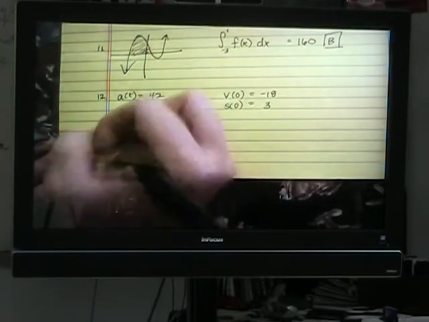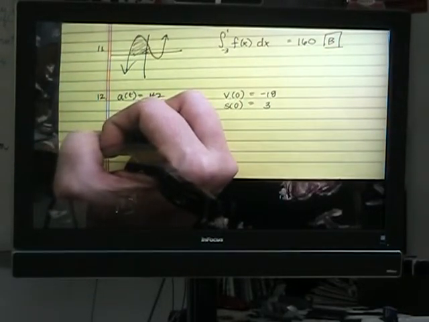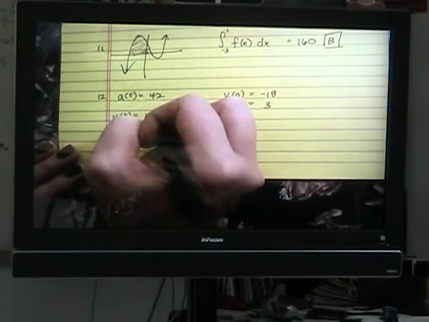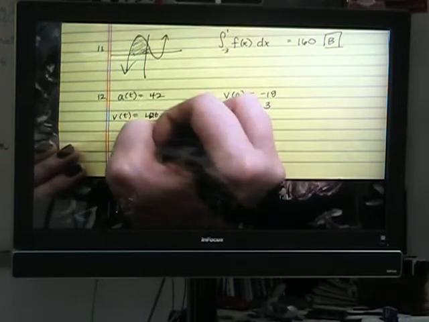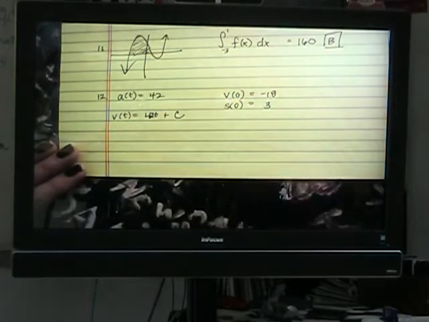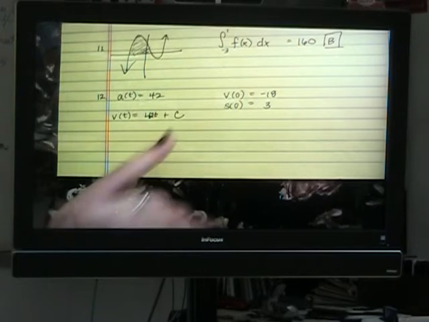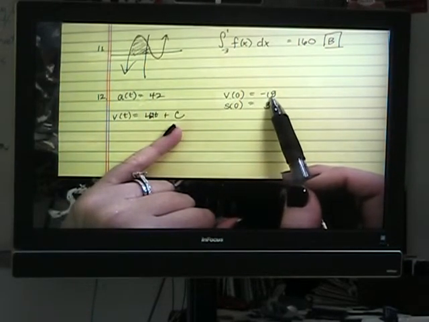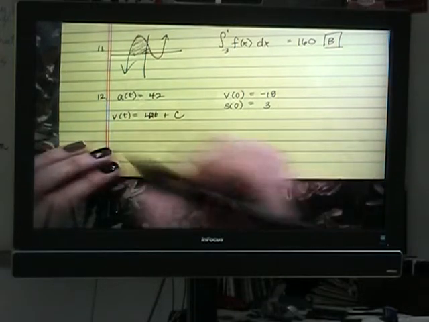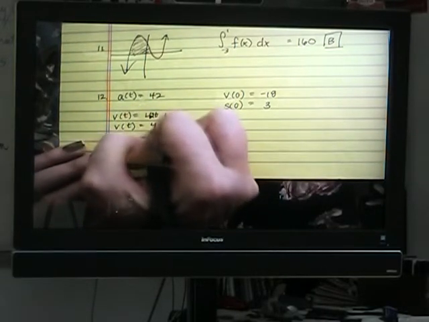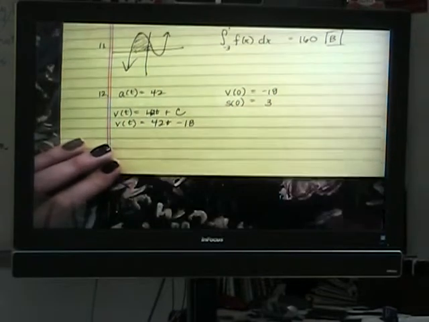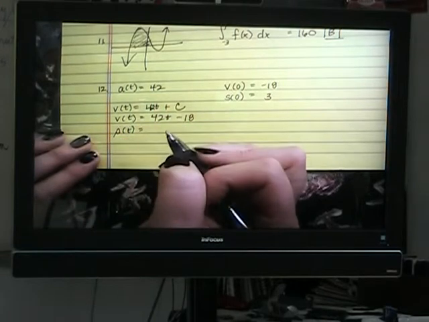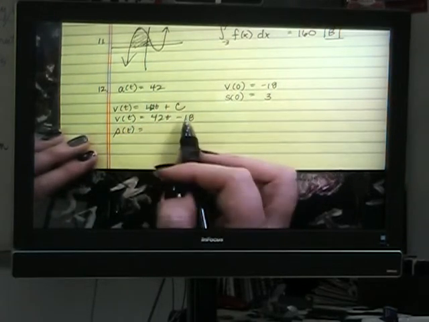So, it asks you to find the position function. To get to the velocity, we take the antiderivative of 42, which is 42t plus c. To figure out what c is, you sub in v of 0 equals -18 and find that c is -18. So I'm going to say v of t is 42t minus 18. Then I want to find s of t, the position function, by taking the antiderivative of this.